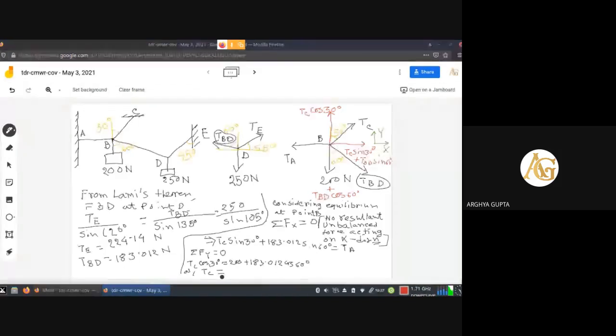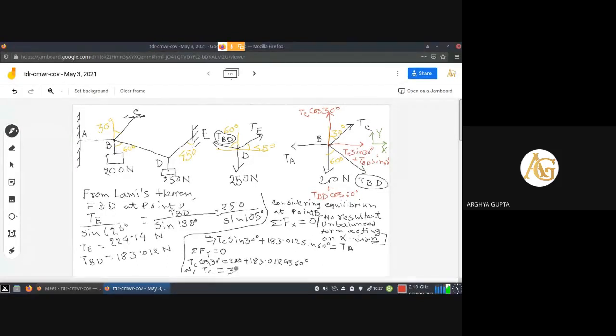Let me calculate that. So 200 plus 183 into cos 60 gives 336.59. The value of TC is 336.59 Newton.